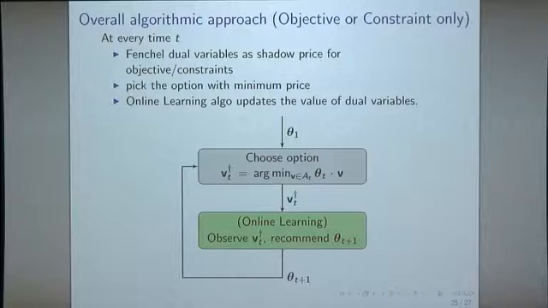So the exact same thing that I said works in any dimensions. The only LP you solve is for finding theta 1. In this case, when you have either only an objective or only a constraint, I don't have to solve any LPs. I have to solve LPs when I have both. Even in the earlier work, we don't have to solve any LP if there is only an objective or only a constraint, right?